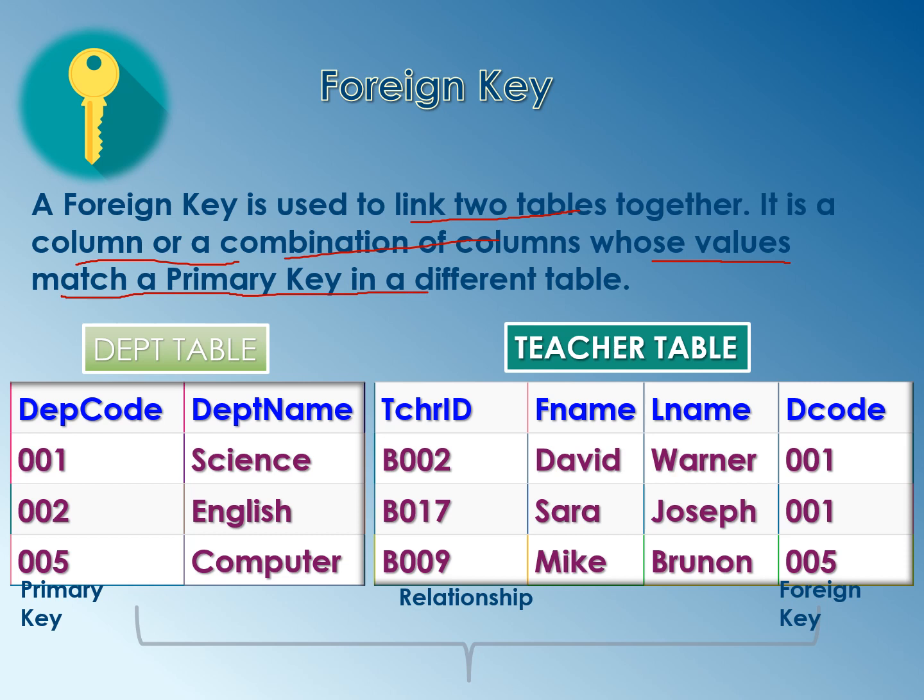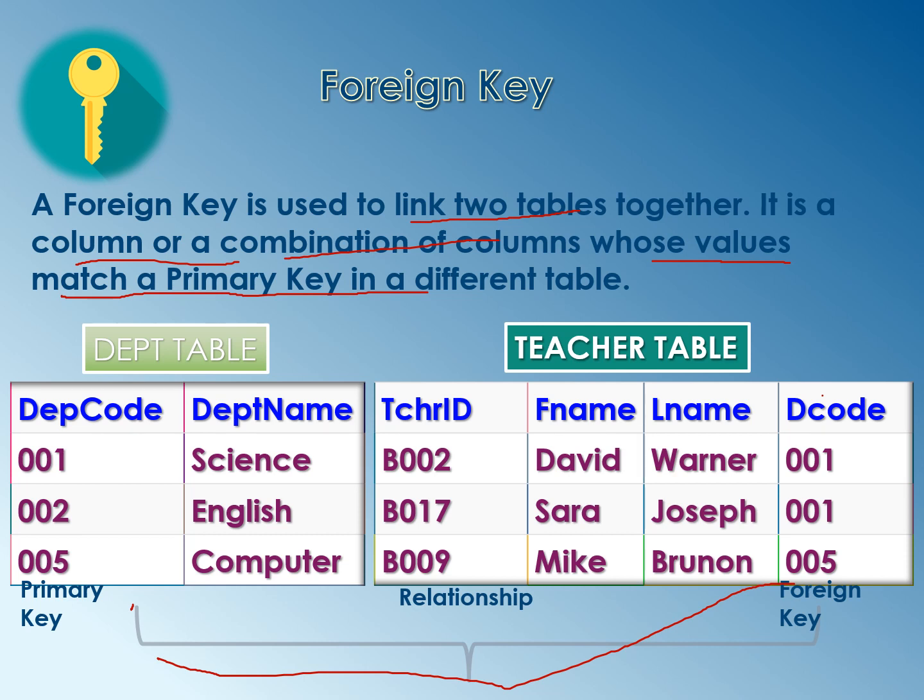Let's take an example. We have a department table and then we have a teacher table. In the department table we have a department code. In the teacher table also we have teacher ID, first name, last name and a department code, whatever department the teacher belongs to. Since this column is joining both the tables, right?